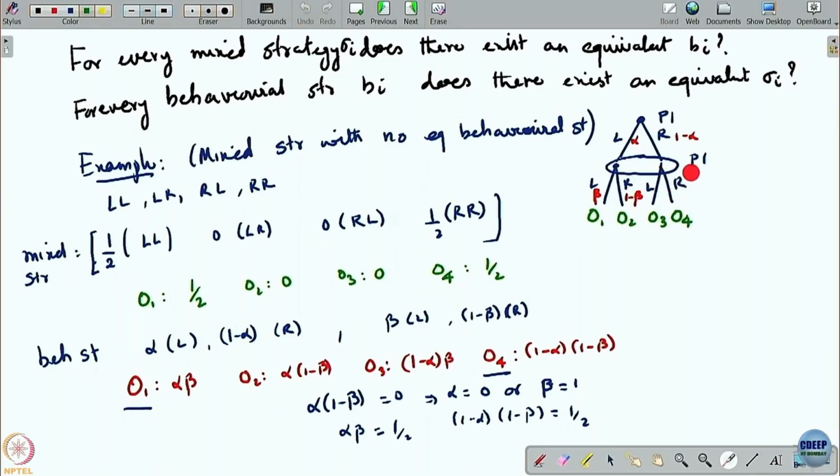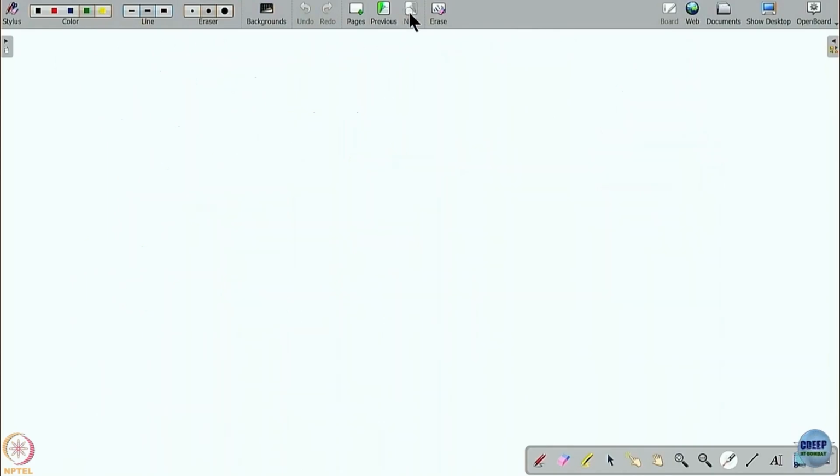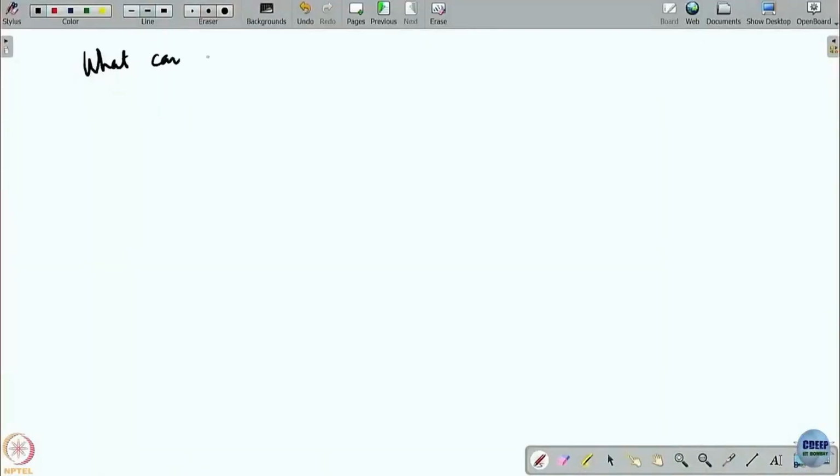In this game, at this information set, he has forgotten what he played the previous time that he played. He has forgotten what he played. At this information set, he has forgotten even that he played. Is it clear? Let us now think about the various things that a player could forget.